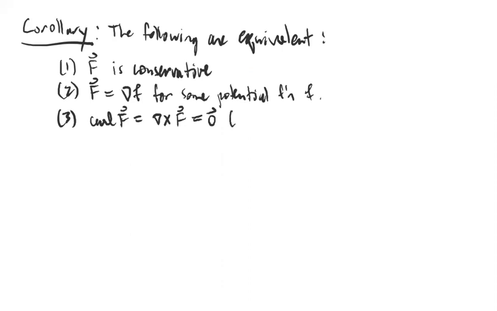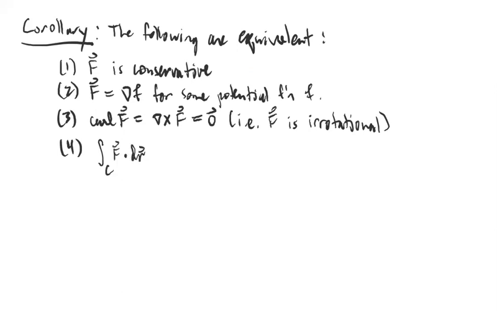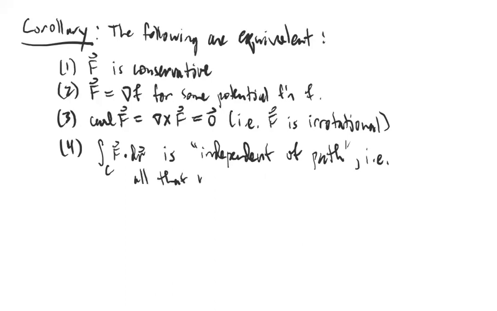Yes. Okay. We actually say, i.e., capital F is irrotational. Okay. 4, the integral over C of F dotted with dr is, quote, independent of path, i.e. all that matters is what?